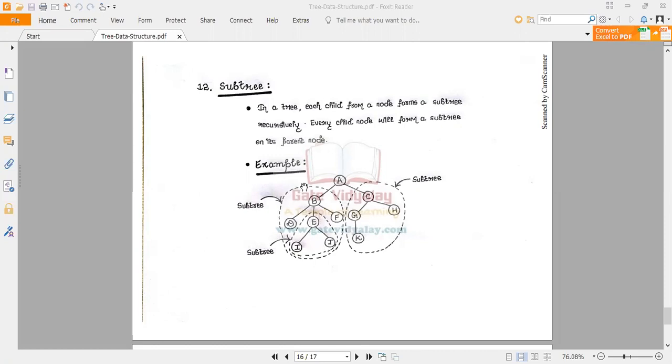So we can say this is a left subtree whereas this is the right subtree to A. Alright, I'm repeating.